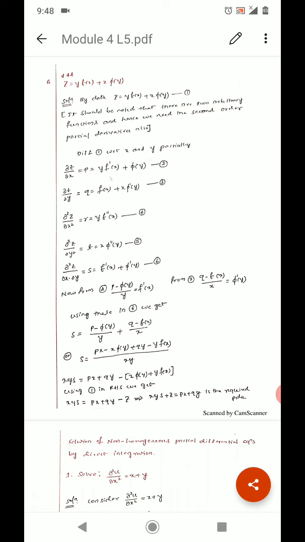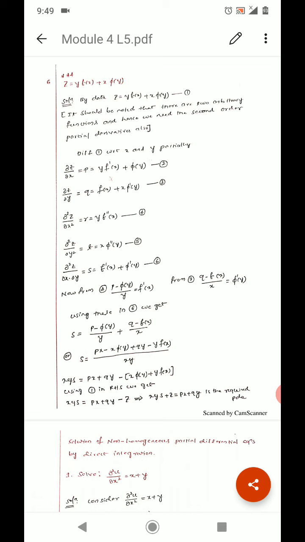Now differentiate del z by del x with respect to y, or del z by del y with respect to x. So both are the same. So here del square z by del x into del y, which can be taken as small s, is equal to the differentiation of del z by del x with respect to y.